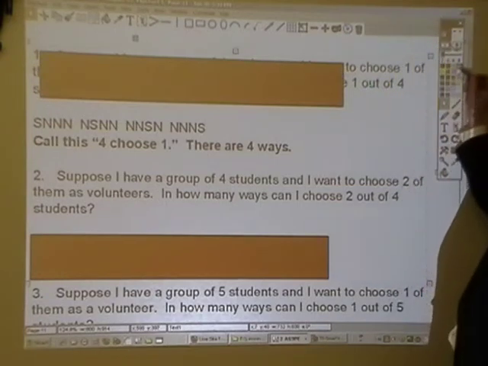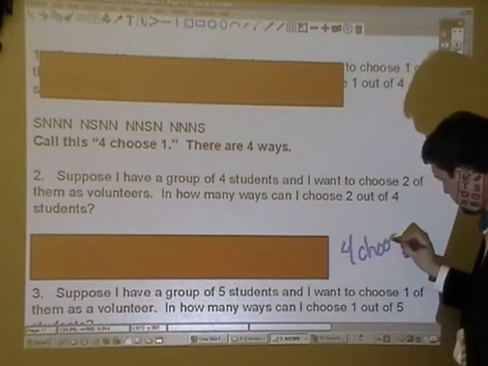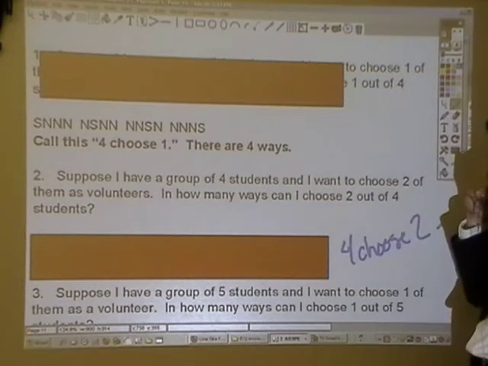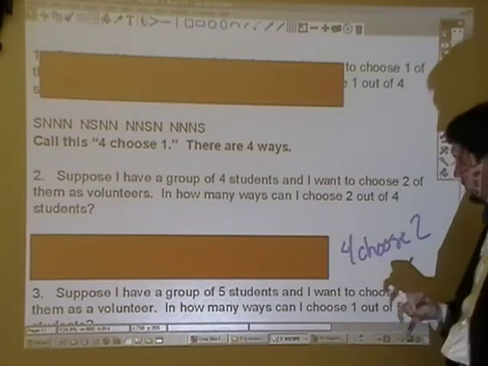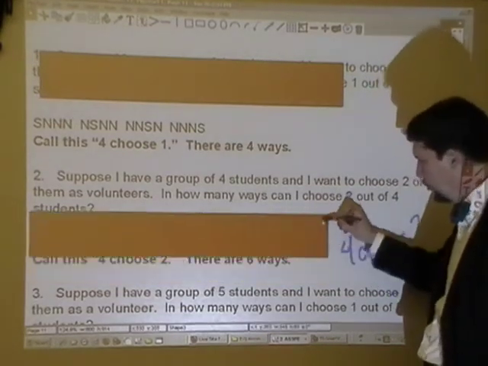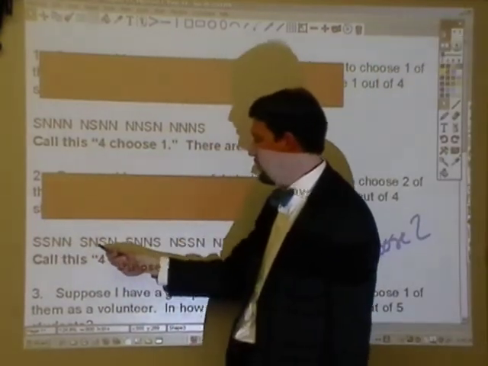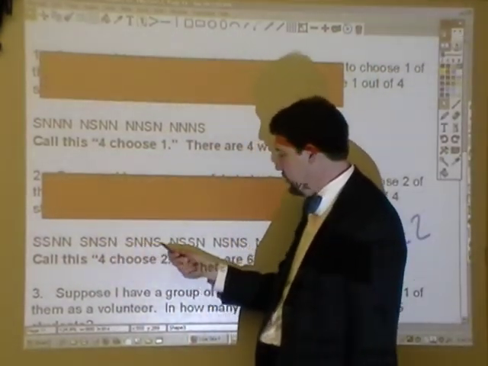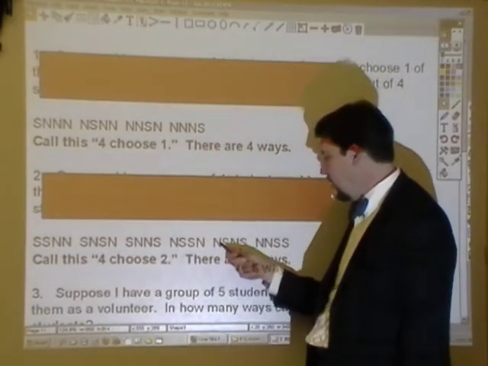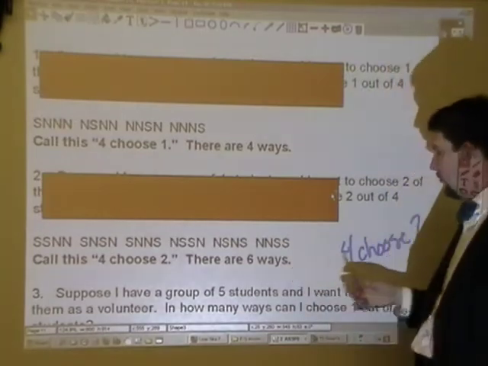That's 4 choose 2. 8, you say? No, there are 6. I can have success, success, not, not; success, not, success, not; and so on. There are 6 ways I can do that.